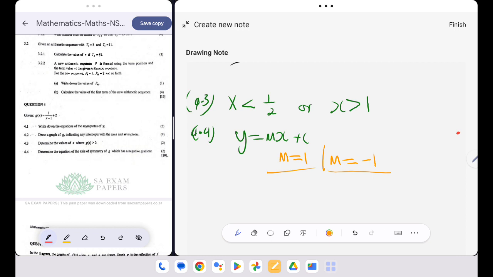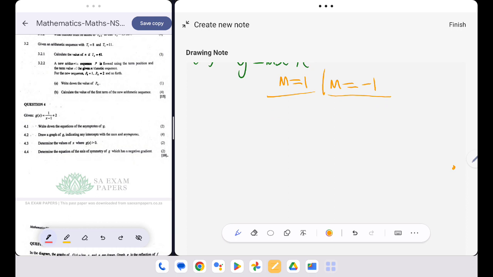Are you together? So therefore, I'll just say y is equal to negative x plus c. The only thing I'm left with to find the complete equation is the constant value, the y-intercept. But I can just substitute any point on the graph.